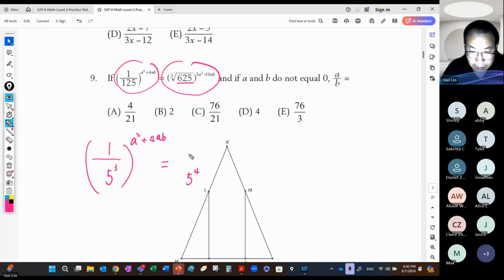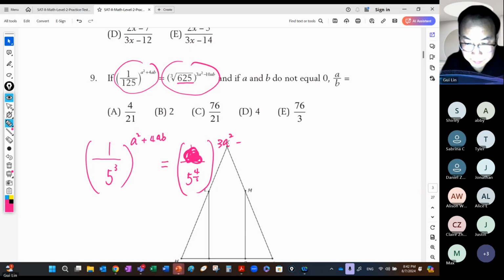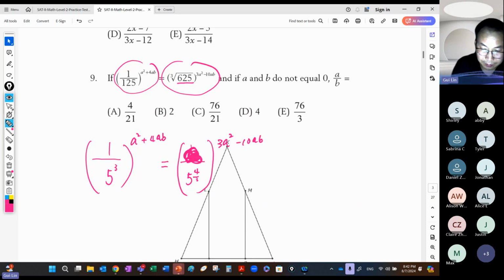And the cubic root, we'll put it underneath here, okay? No, I'm sorry, let's do this part. And then 3a squared minus 10ab. So we make the base the same.